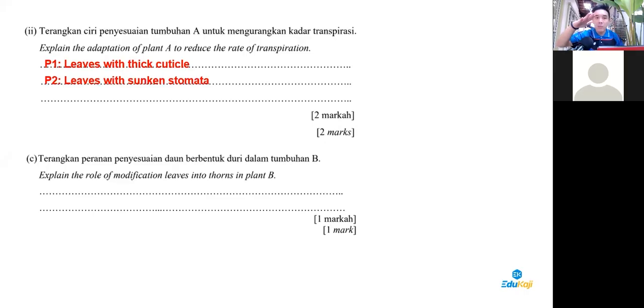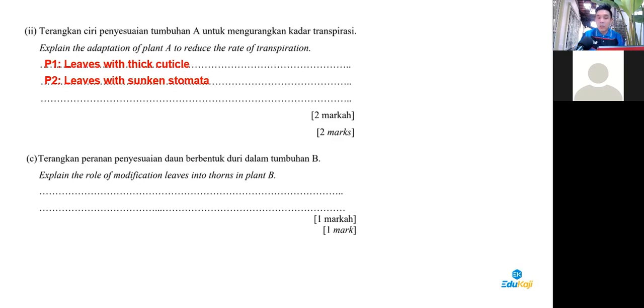Sunken stomata means rather than it being on the surface below, they'll be sunken, terbenam. Terbenam means deeper a bit compared to the usual leaves.